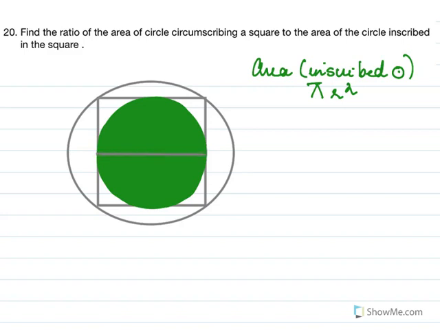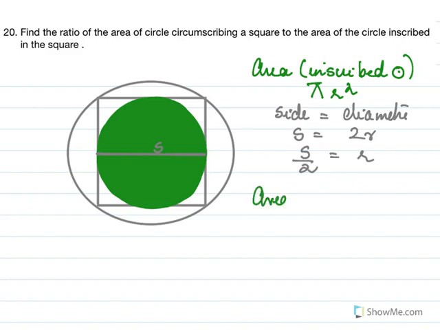Here is your side S, and we see that the side is equal to the diameter. That means S equals 2r, and your r is S by 2.